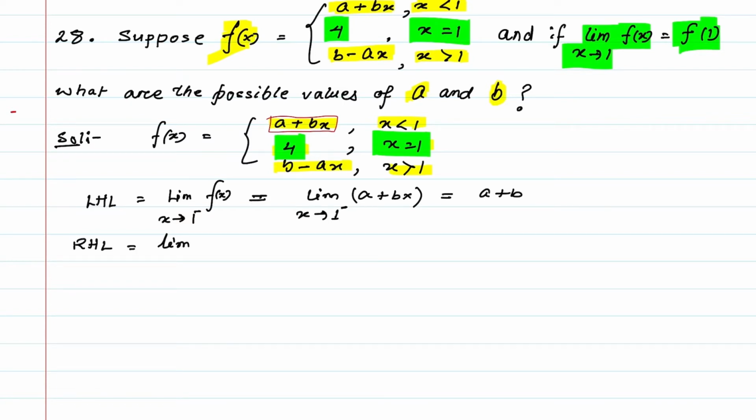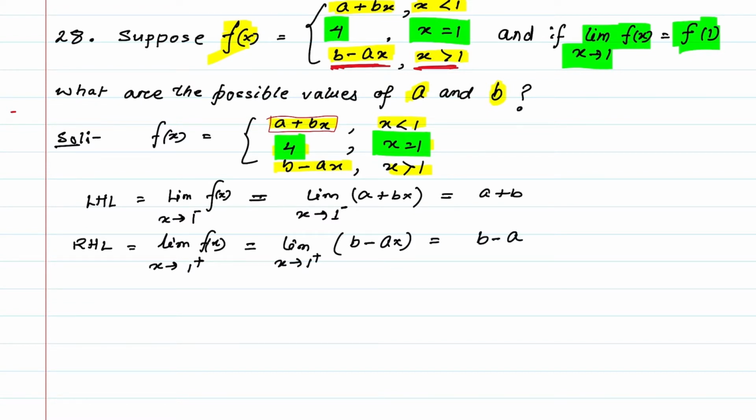So limit of f of x, x tends to 1 positive, that means right hand limit. x tends to 1 positive means slightly greater than 1, so in this case we have to take this value for x greater than 1. So we have to take b minus ax. On putting the value of x, we will get b minus a.